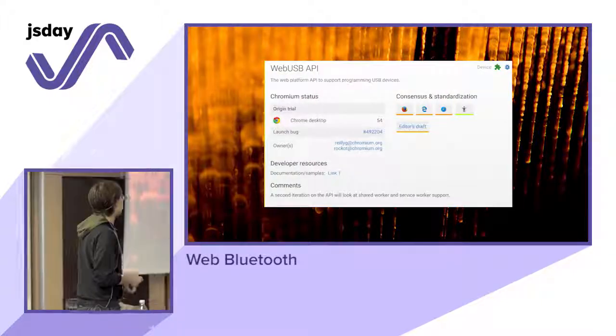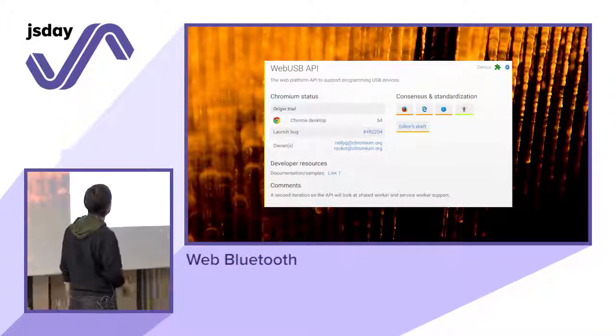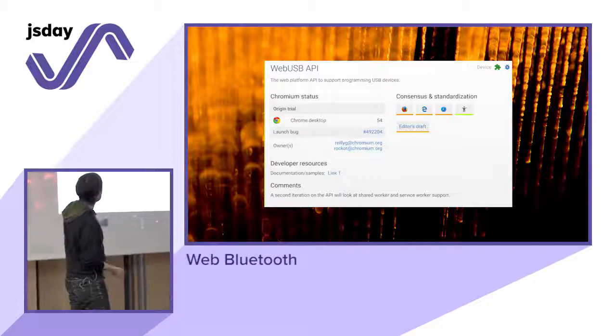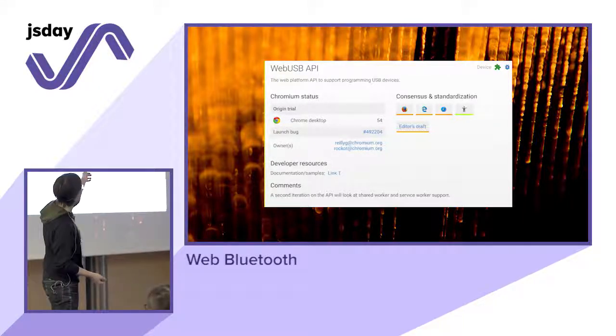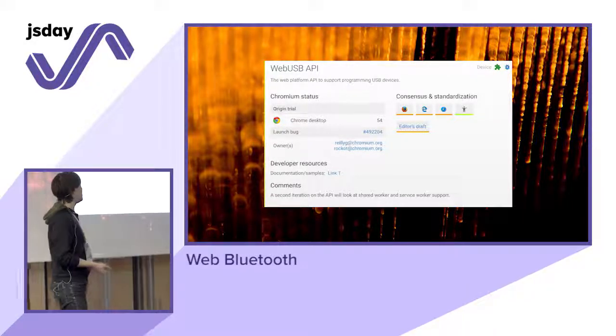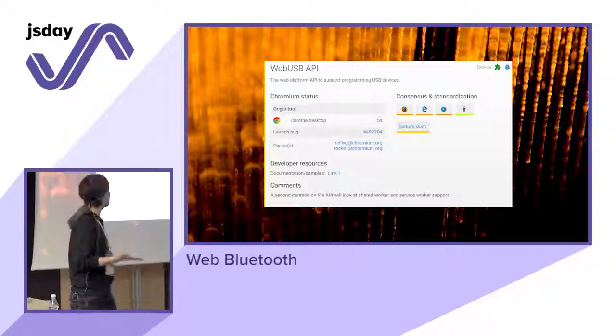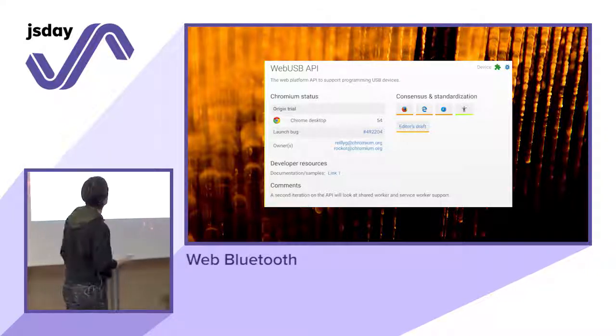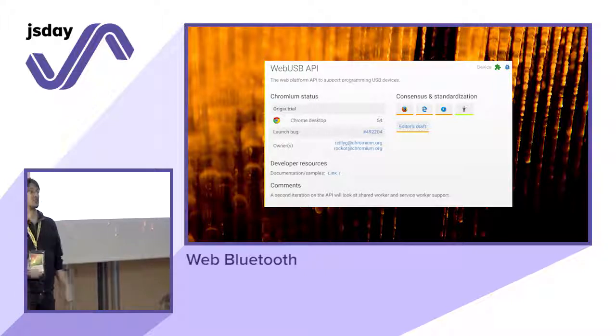Unfortunately, the support is Chrome only, and the bad news is that these orangish boxes mean we don't care about other browsers. So it's not even under consideration yet. It might be in the future.